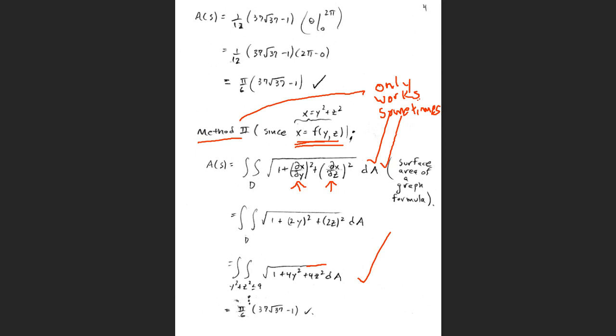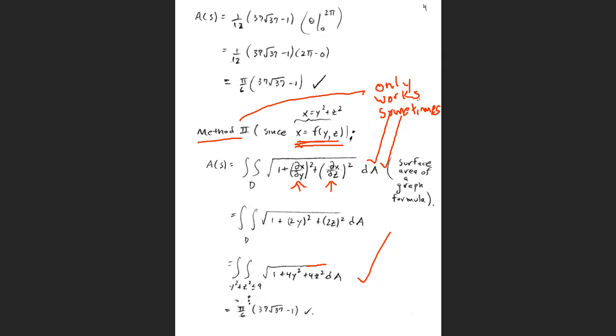In other words, formula 4 or formula 6 in the book in section 12.6, which we adapted because we have x as a function of y and z, only works when you can write one variable as a function of the other two variables.